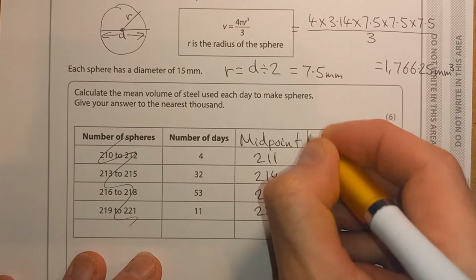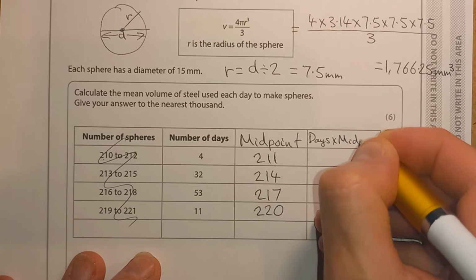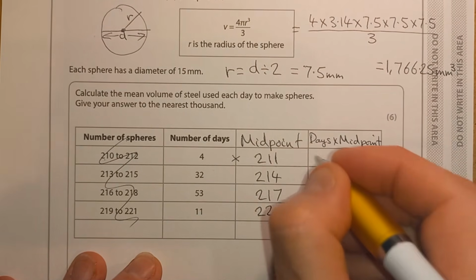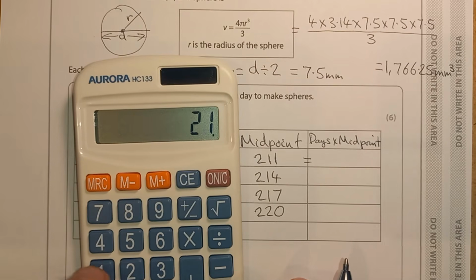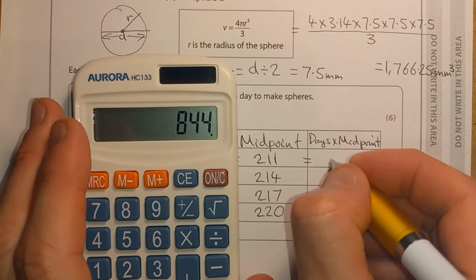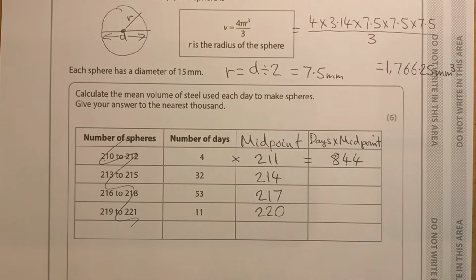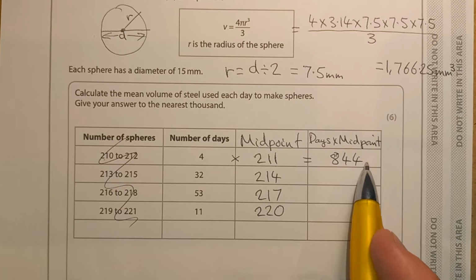In other words, we take the days multiplied by the midpoint. So we're going to multiply 4 by 211. If there were 4 days where 211 spheres were made, that means we made 844 spheres in total.